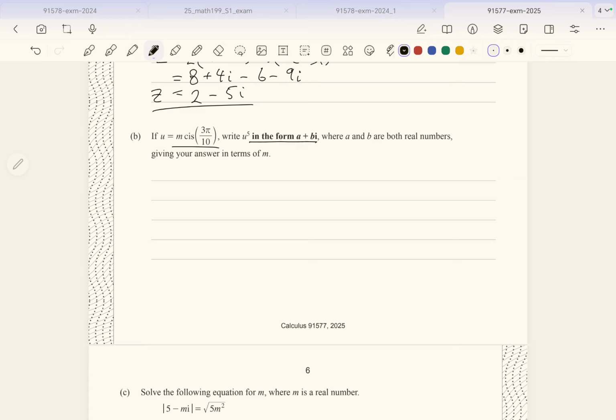So what we do first is use De Moivre's theorem. We raise this entire expression on both sides to the power of 5.